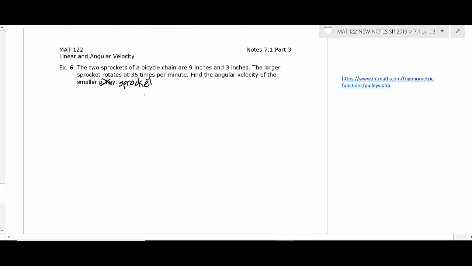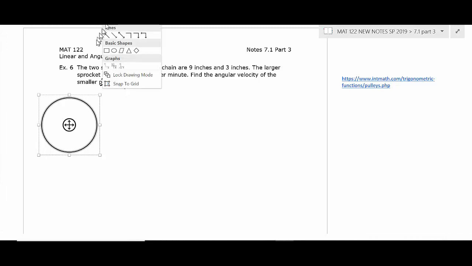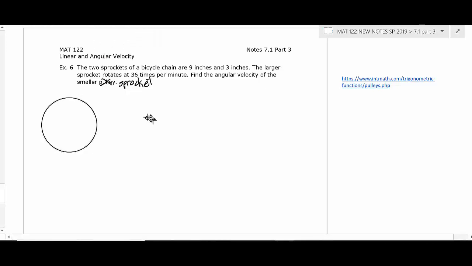Okay. So what I'm going to do is I'm going to draw a diagram. I'll have you draw a diagram. So let's just kind of draw what we know that a bicycle tire looks like. So we have that. And then let's draw the smaller sprocket. We're doing sprockets actually, not tires. So it's kind of like your chain going like that.